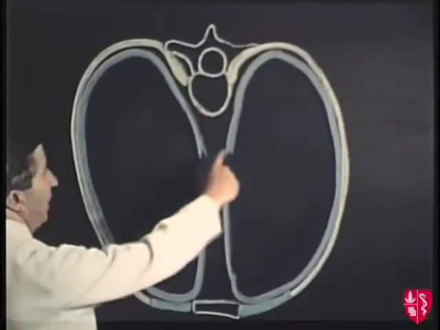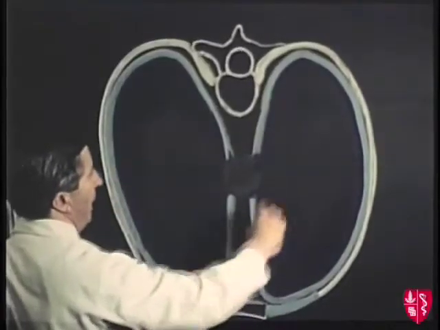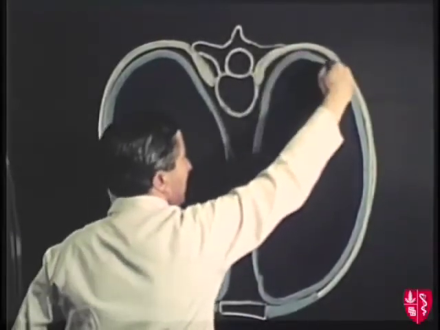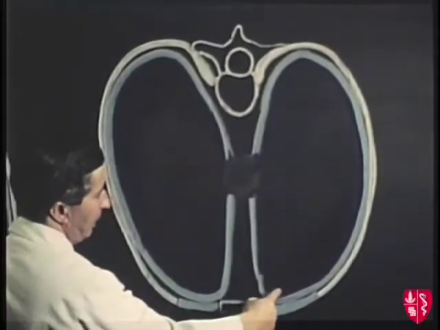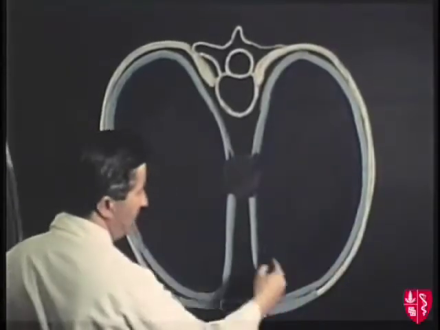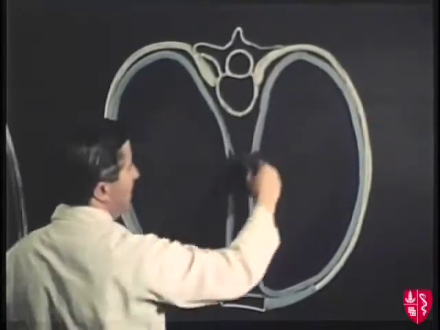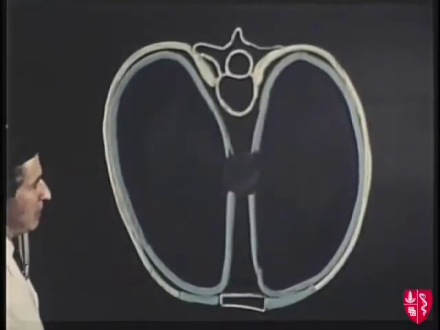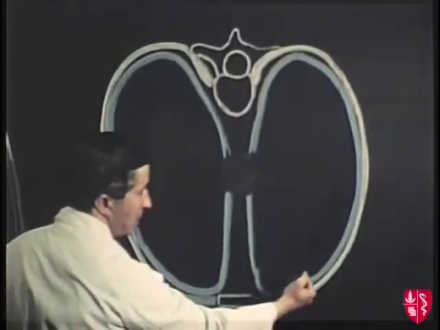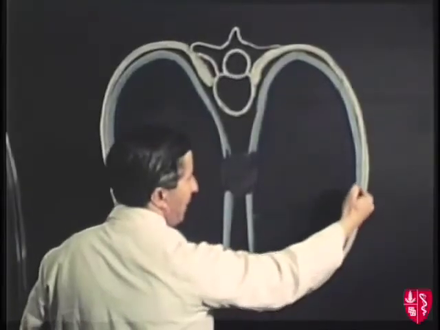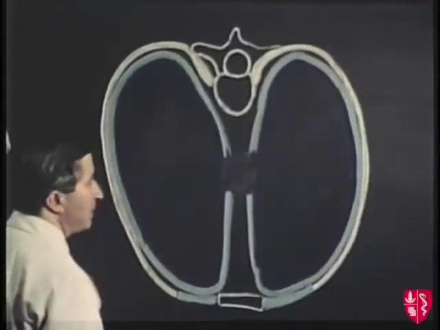It is thus seen that the lung is covered with visceral pleura, and that the thoracic cavity is lined with parietal pleura. And the visceral pleura and parietal pleura come into very close apposition, there being just a thin film of fluid lying between the two to allow these two layers to move upon one another. The point I wish to emphasize is that the pleural cavity is this minute potential space that lies between the visceral pleura, the dark blue, and the parietal pleura, which is the light blue.